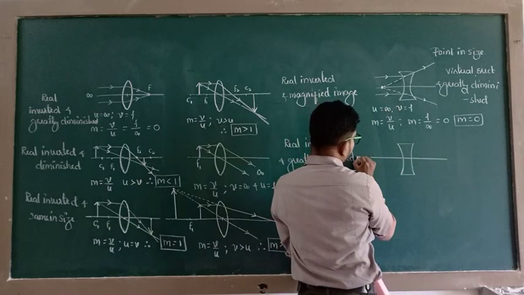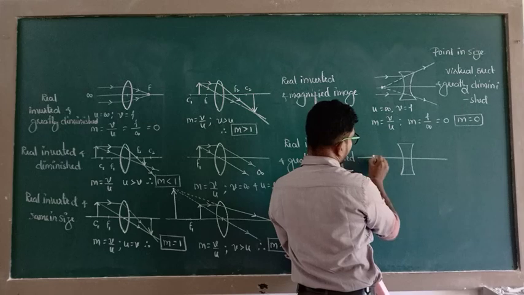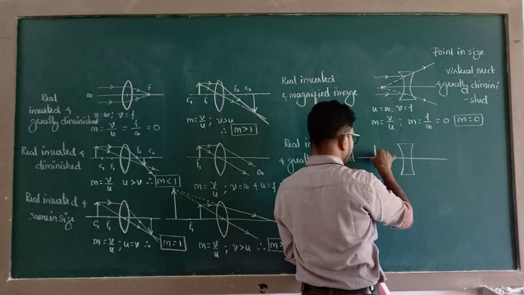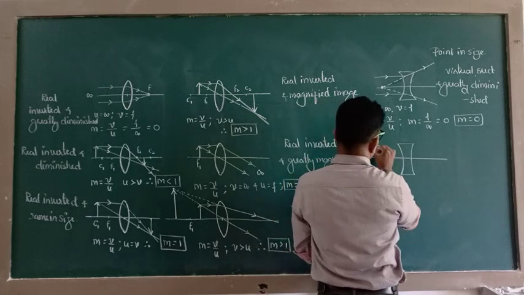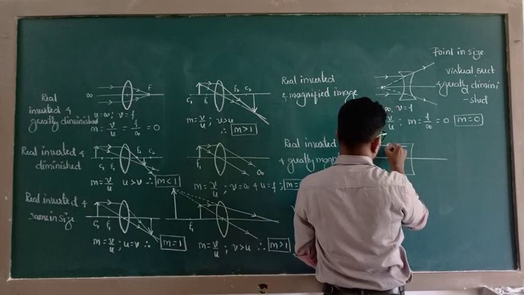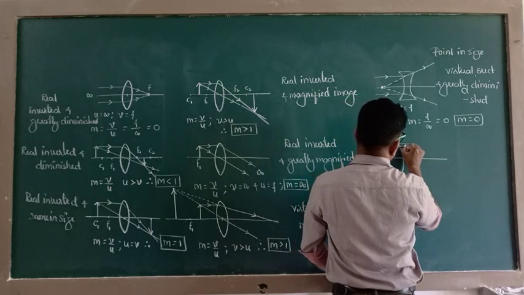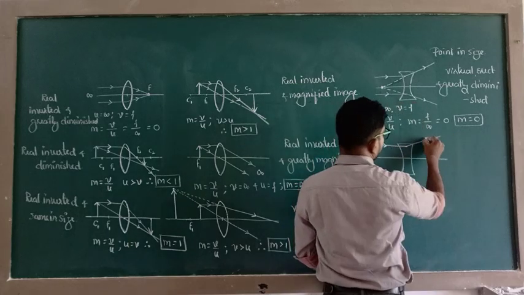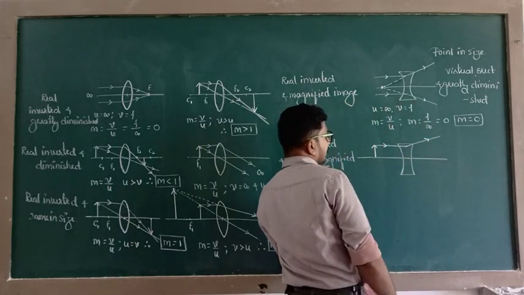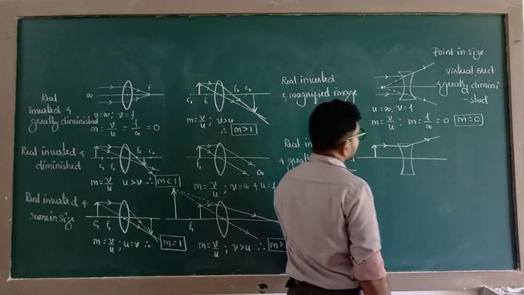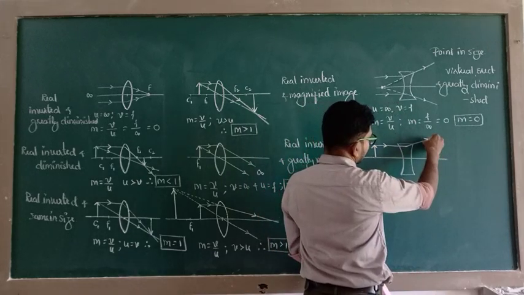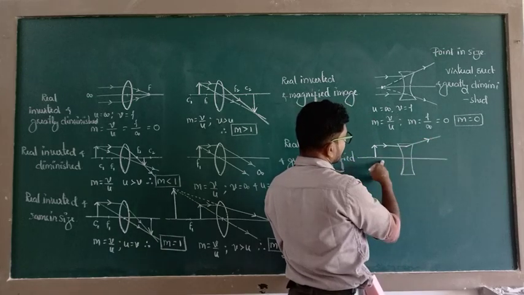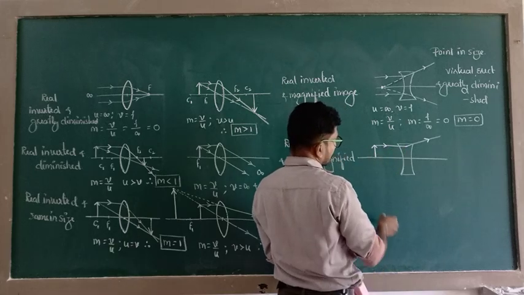If the object lies anywhere between infinity and optical center, first take a light ray parallel to the principal axis. After refraction, the refracted light ray appears as if it is emerging from a point on the principal axis. That point is known as principal focus.